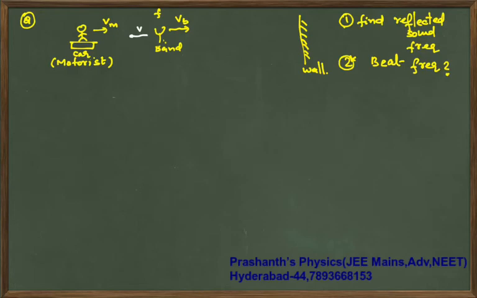I will focus on reflected frequency. When you are calculating this reflected frequency, what did I tell you? First make wall as the listener, forget about the motorist. So frequency received by wall.